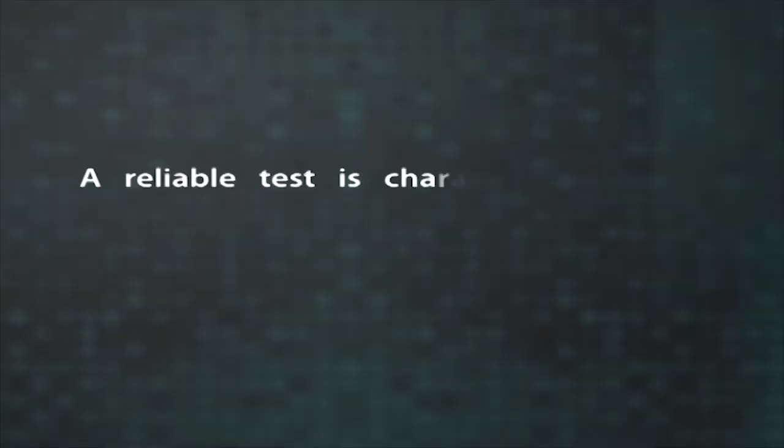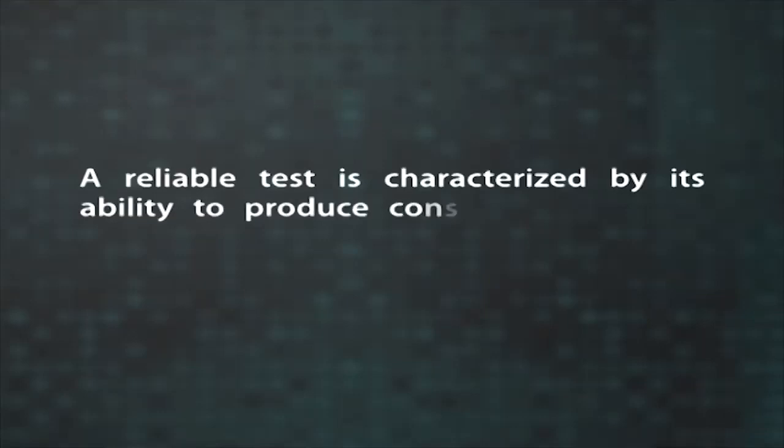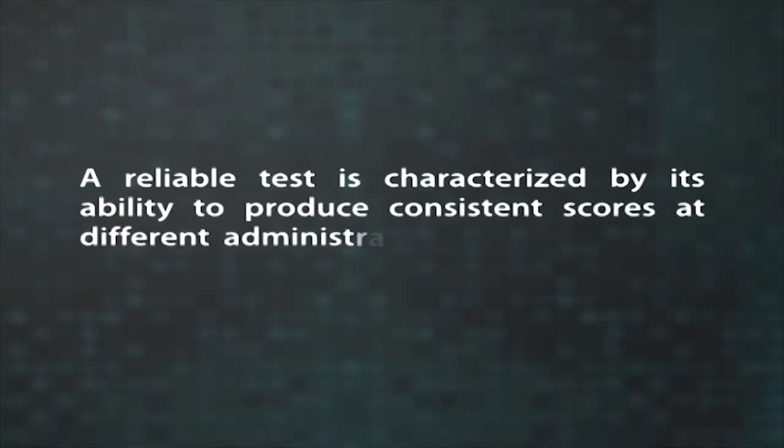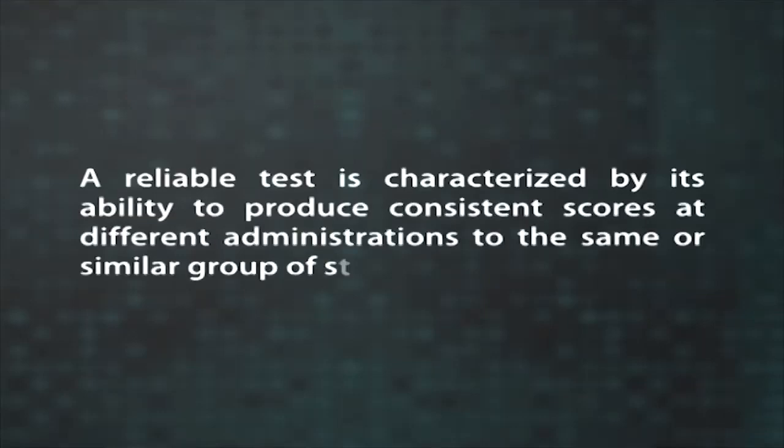A reliable test is characterized by its ability to produce consistent scores at different administrations to the same or similar group of students. However, there is another side to this. If a test produces exactly the same results at repeated trials to the same group of students, we can say that such a test is perfectly reliable.